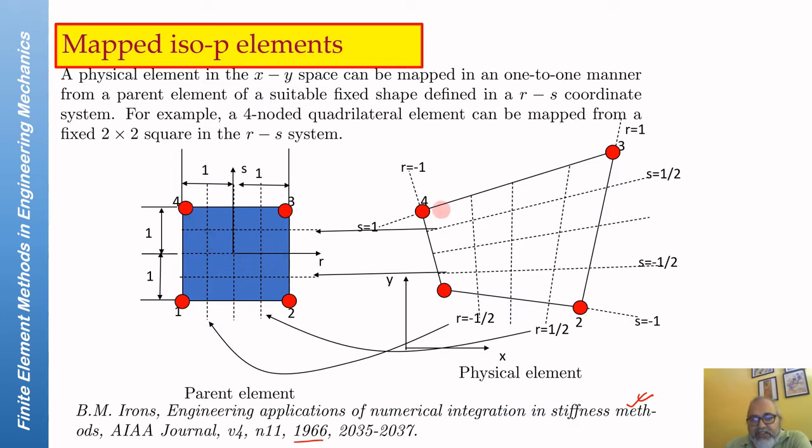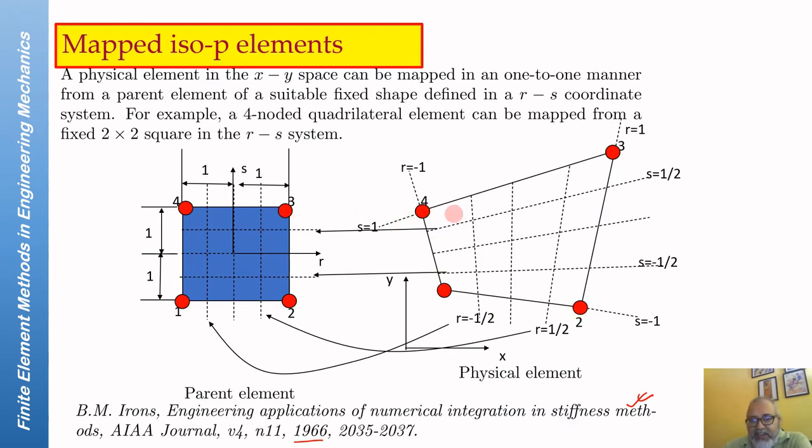we envisage this physical element as a one-to-one mapping from this parent element to this physical element. So what we are going to do is node 4 we are going to place on node 4, then we are going to stretch this edge for node 3 to match, then we are going to stretch 2 3 to match node 2, and finally node 1.